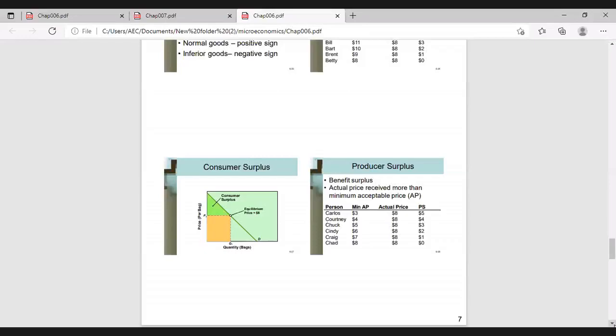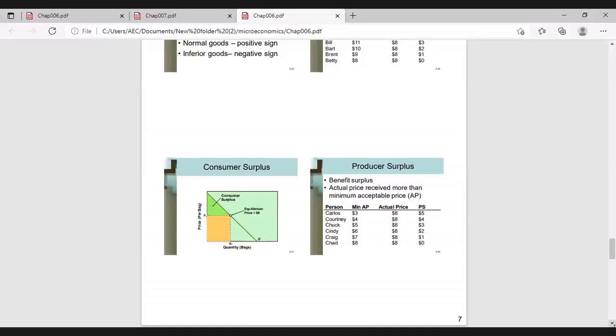When you are a consumer, when you buy any product from the market, you are gaining something. Gain from the trade, you get some benefit surplus. That is consumer surplus. Producers also, when they sell a product in the market, gain something from that trade. So that is benefit surplus.